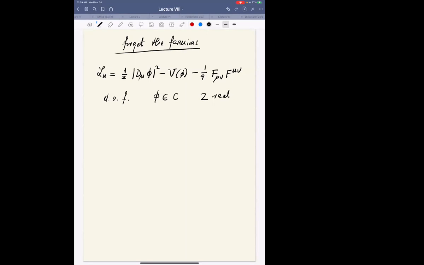And A mu? Two. Right. Why? Because it is massless. There is no mass term. Therefore, we have 2 real degrees of freedom corresponding.